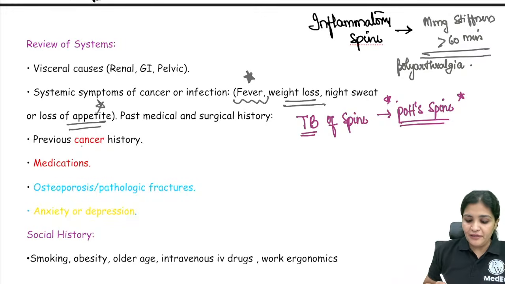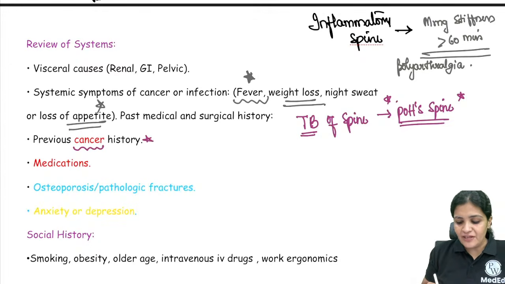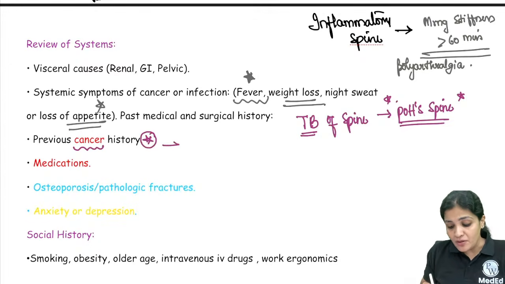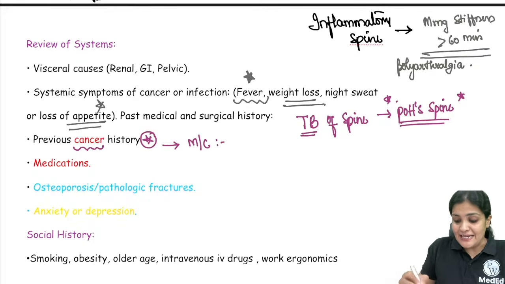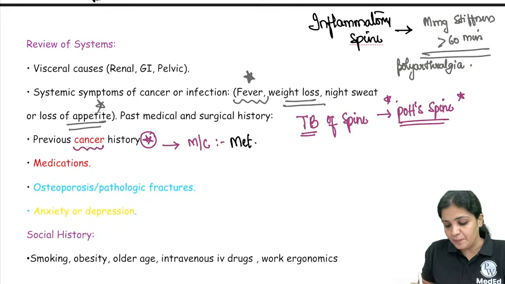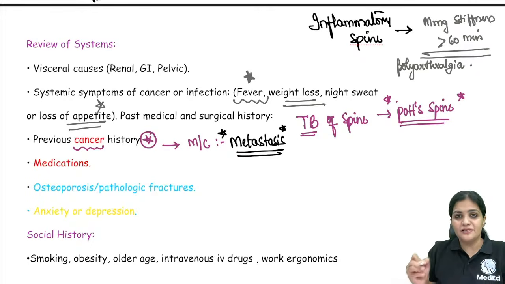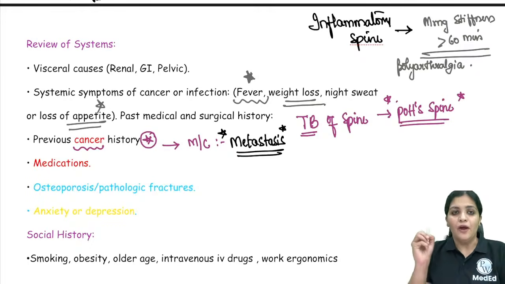And one more important thing, you have to ask them any previous cancer history, because again, the most common presentation of metastasis can be seen in the spine, right? The most common cancers which we see in the bone are metastases, and metastasis is most commonly again seen in the vertebrae.